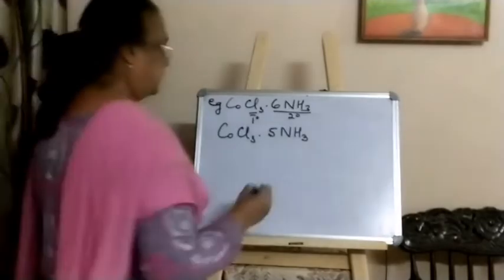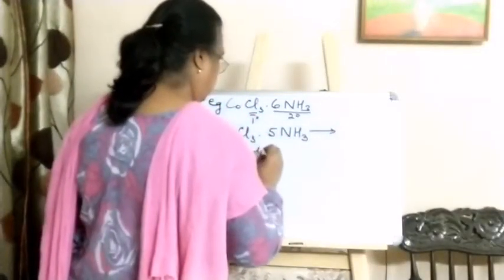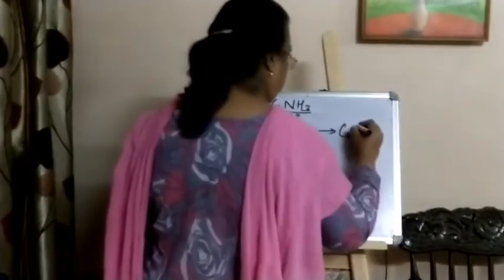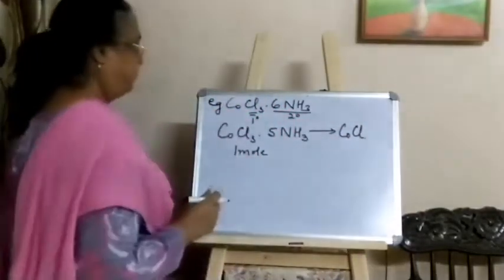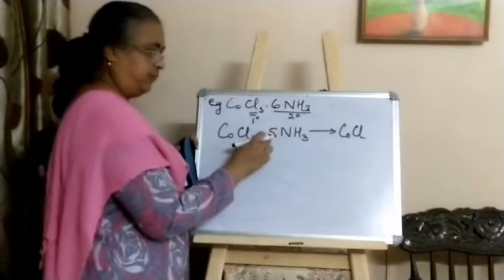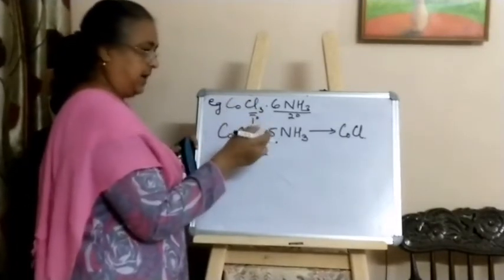And when 1 mole of this was put up in water, it gave CoCl2. Now look here. Coordination number, as I told, is 6, but here only 5. So coordination number has to be 6, ligands have to be 6.